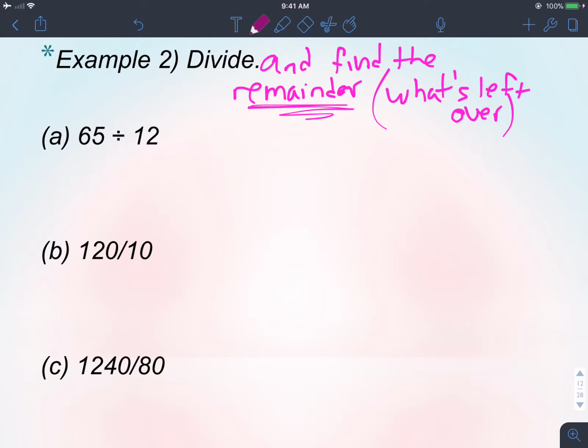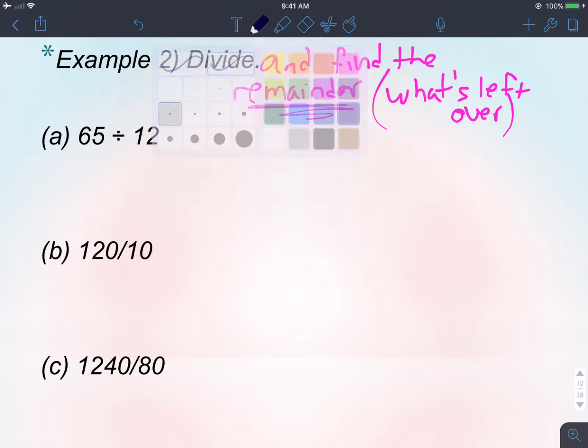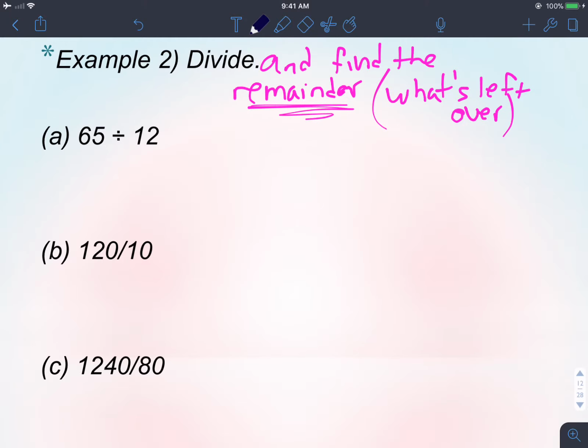Let's see if I can do it. 65 divided by 12. I set it up as 65 divided by 12.